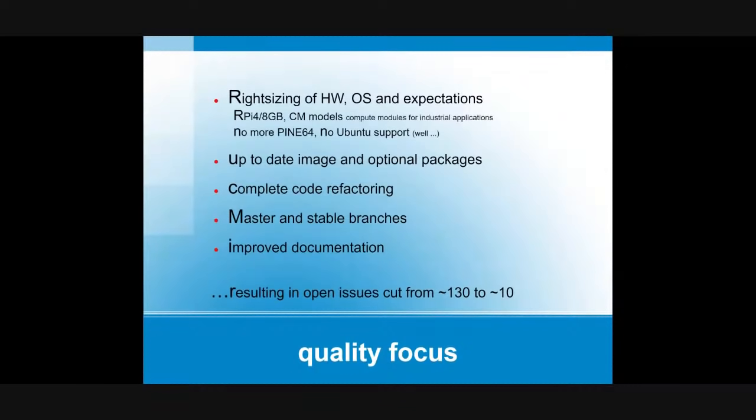So you get an up-to-date image now based on the latest Raspberry Pi OS. All the packages were updated. We had the complete refactoring of the code. We now have a master and a stable branch, similar to what you know from the openHAB distribution.